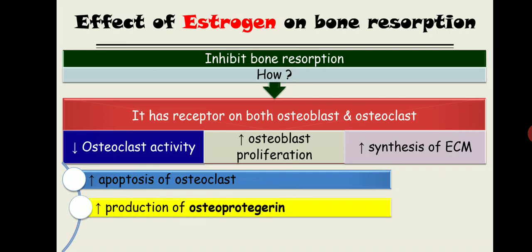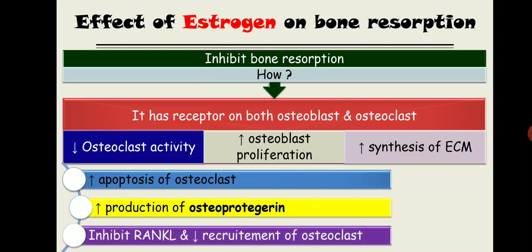Now what will osteoprotegerin do? Osteoprotegerin will competitively bind with RANK and inhibit RANKL, and decrease the recruitment of osteoclasts. These are the effects of estrogen by which it decreases osteoclastic activity. First one, it increases the apoptosis of the already present osteoclasts.